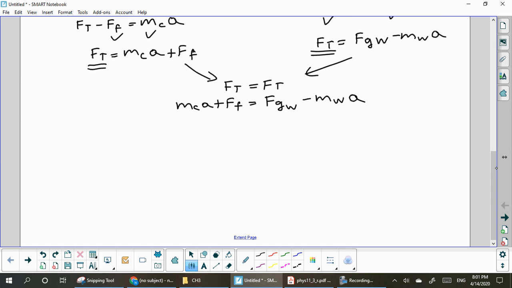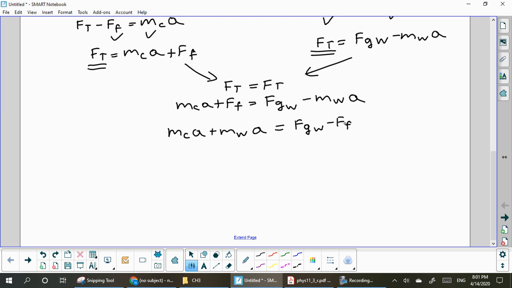All right. We have everything but the acceleration. So we're going to move all the terms with the acceleration to one side, everything else to the other side. So I have MCA plus MWA is equal to FGW minus force of friction.